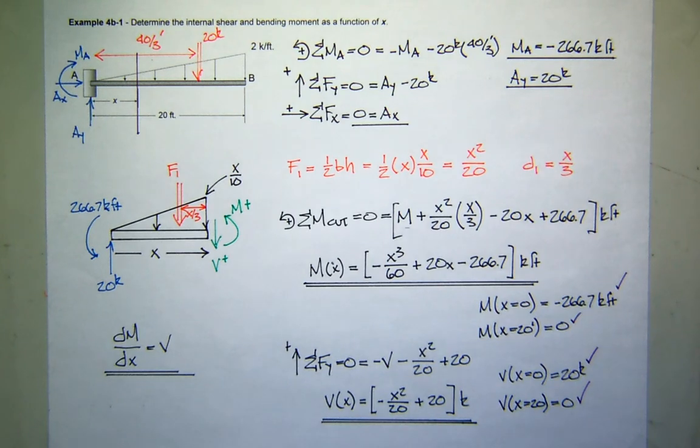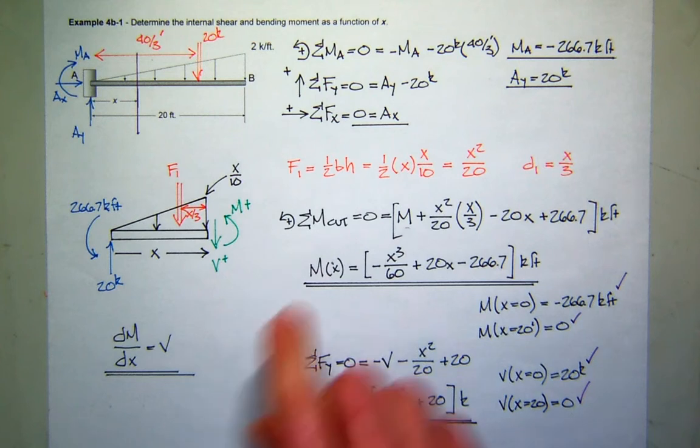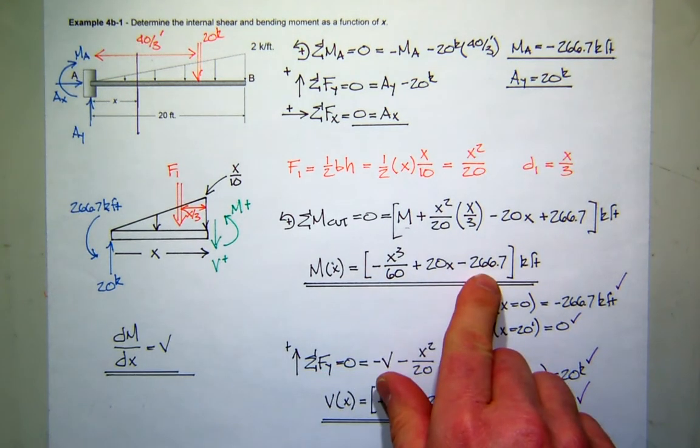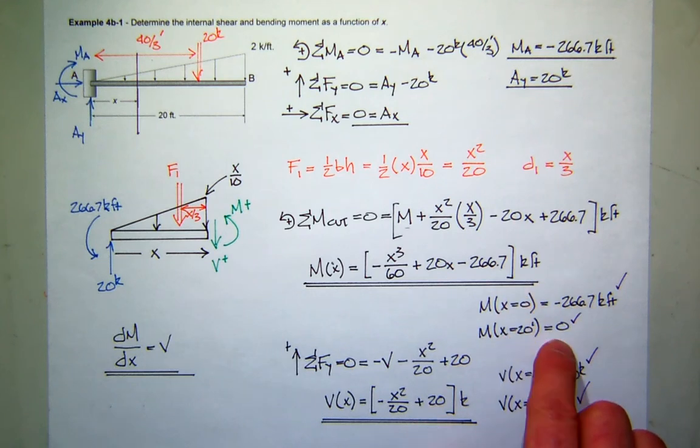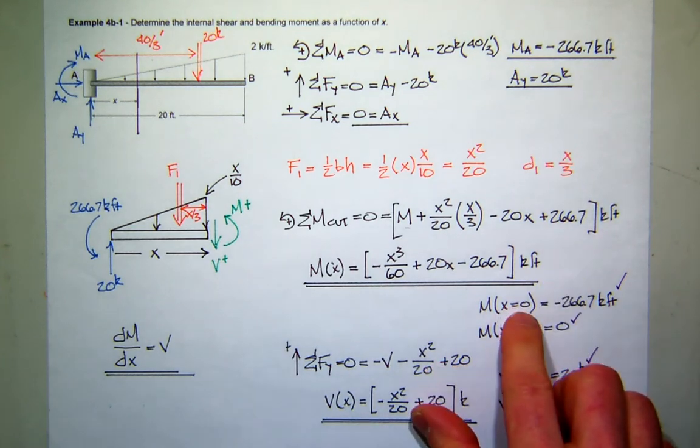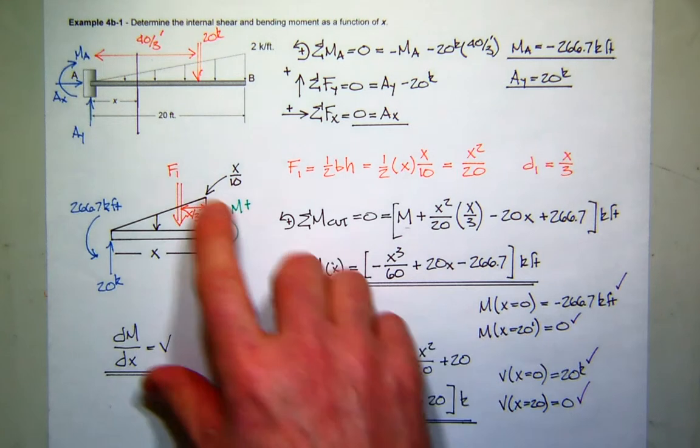So where is the moment maximum? Here's your moment equation. It starts off at x equals 0 at minus 266.7, and it decreases to 0 at 20. So where do you think the maximum is? Just your first guess. Probably at x equals 0, which is the fixed connection.